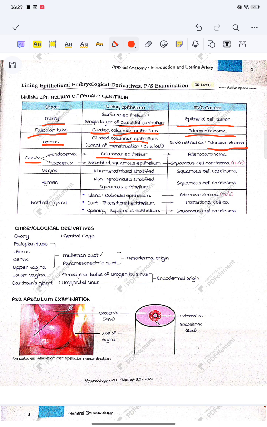In the case of the cervix, the cervix has two parts, endocervix and exocervix. In the endocervix, which lies close to the uterus, the epithelium is columnar epithelium leading to adenocarcinoma.